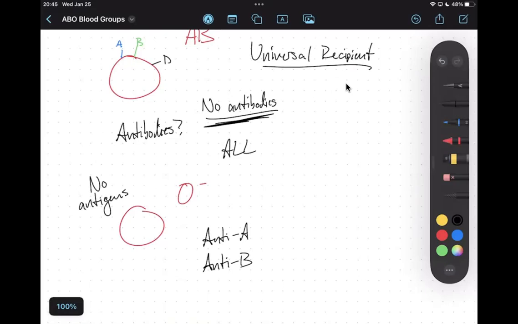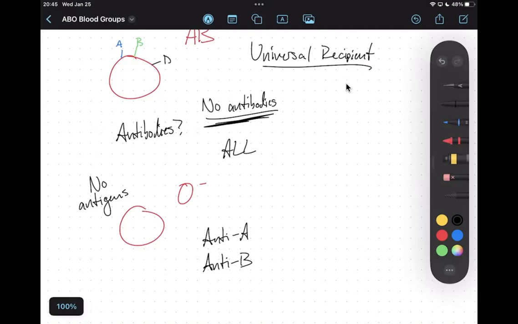That means this red blood cell and this blood type can be given to anyone else. Because no matter who you give it to, there's no antigens there for the host blood to attack, right? You could give this to A blood and the anti-B antibodies aren't going to attack because there's no B antigens. You could give it to the B blood and the anti-A antibodies wouldn't attack because there's no A antigens, right?